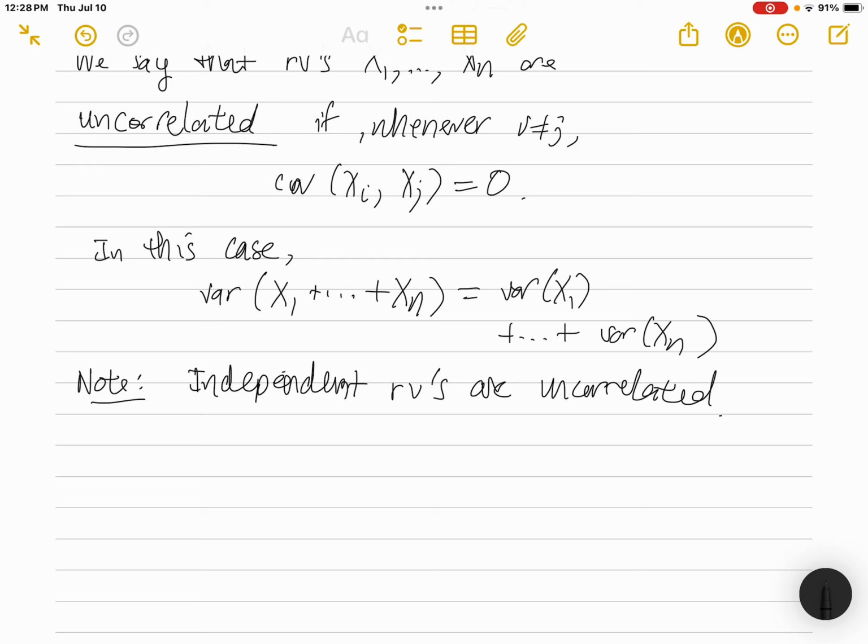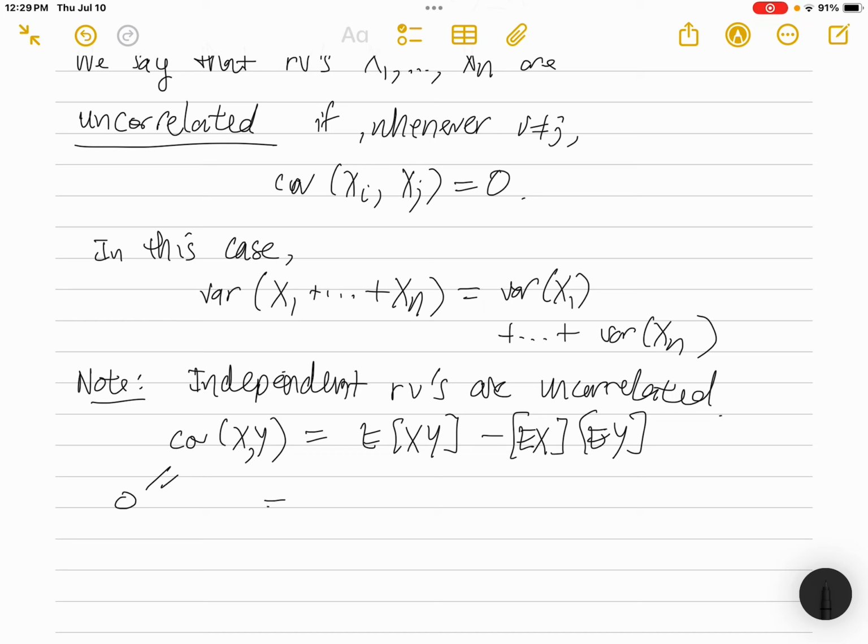Well, recall that we found that the covariance of x and y is equal to the expectation of xy minus the expectation of x times the expectation of y. So if this guy is 0, then we get that the expectation of xy is equal to the expectation of x times the expectation of y.